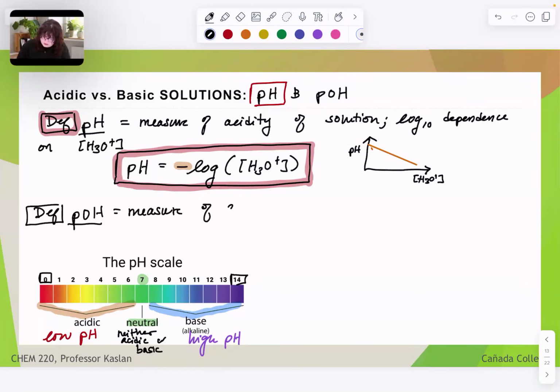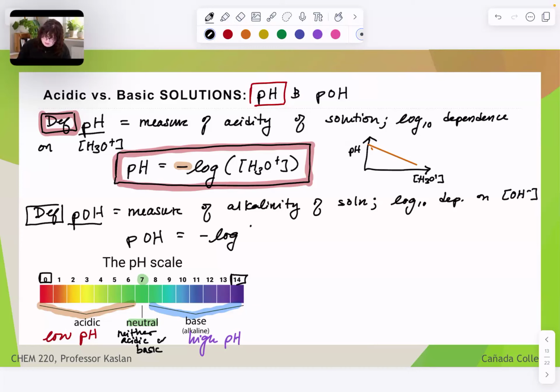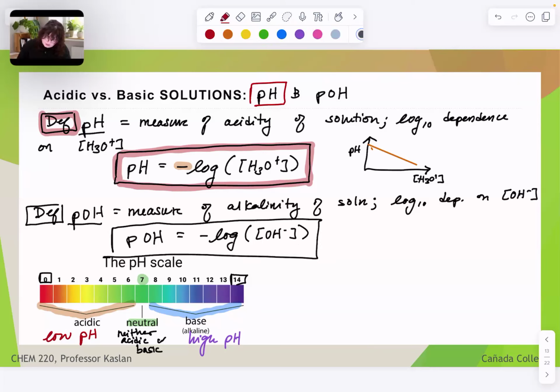This is the measure of alkalinity of a solution, and it has a log base 10 dependence on, again, concentration, but in this case, concentration of the basic particle. So I can say that pOH is equal to the negative log of concentration hydroxide ion. So the exact same structure in our equation.